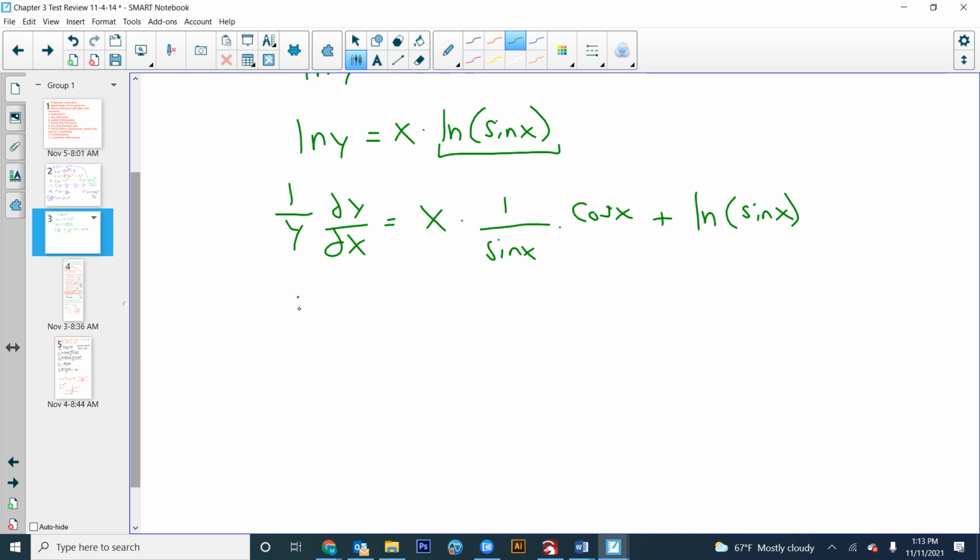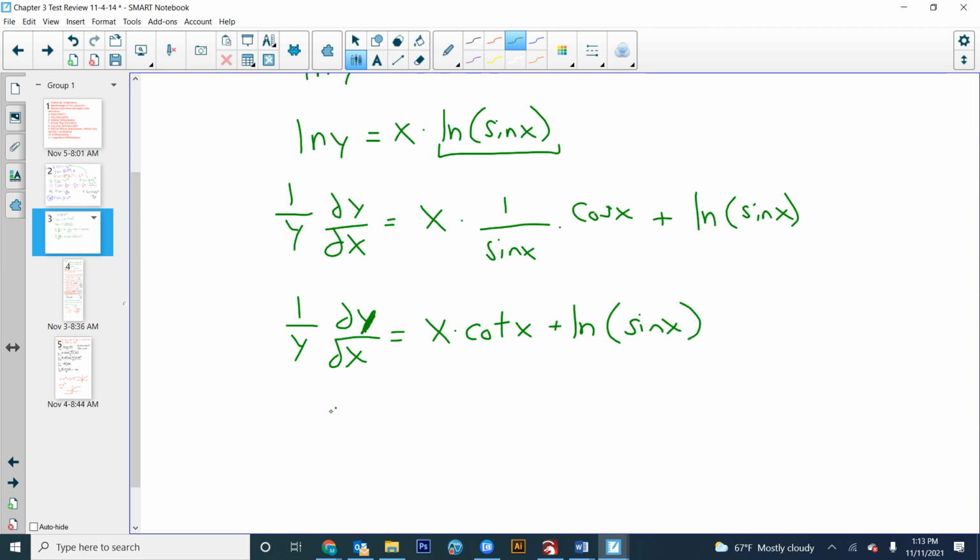I would take a minute just to be careful and clean that up a bit. What's cosine of x over sine of x? Cotangent of x. So x cotangent x plus ln of sine of x.